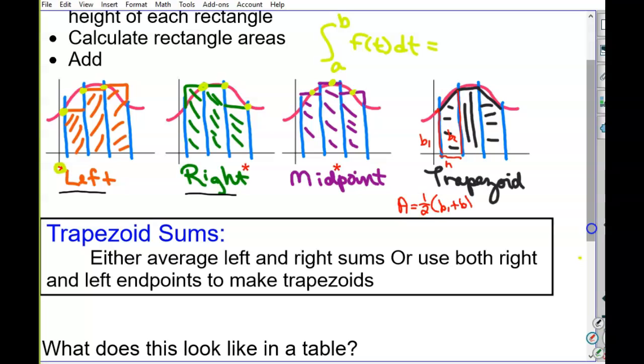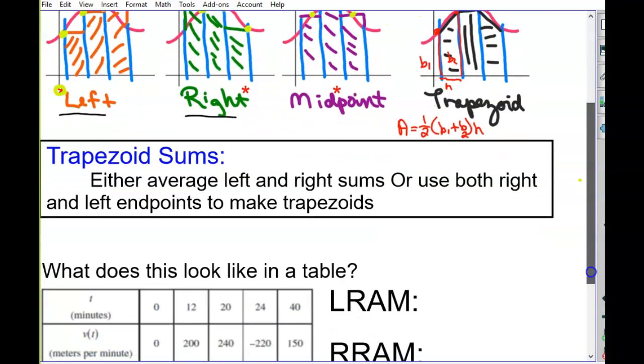But remember the area formula for a trapezoid: 1/2 base 1 plus base 2 times the height. And the base 1 and base 2 are just those vertical distances up to the points on the curve. So, we've done that. We haven't done it in a while, but hopefully you remember that.